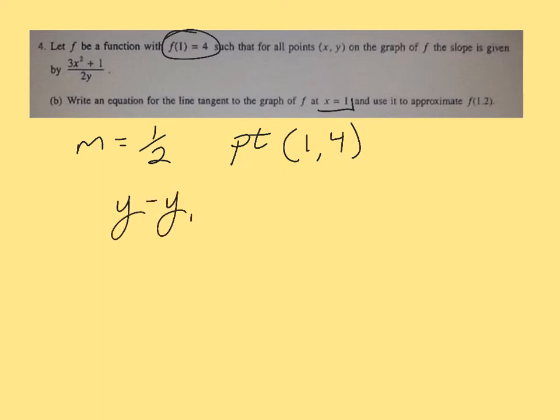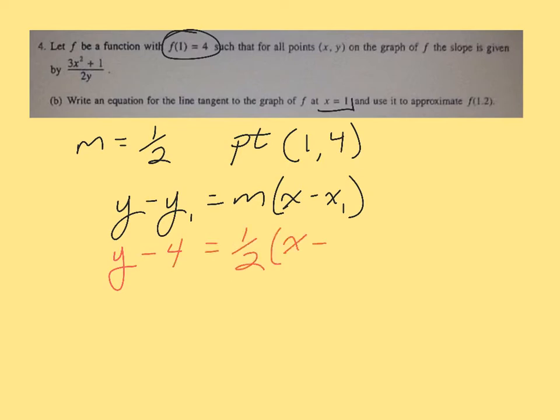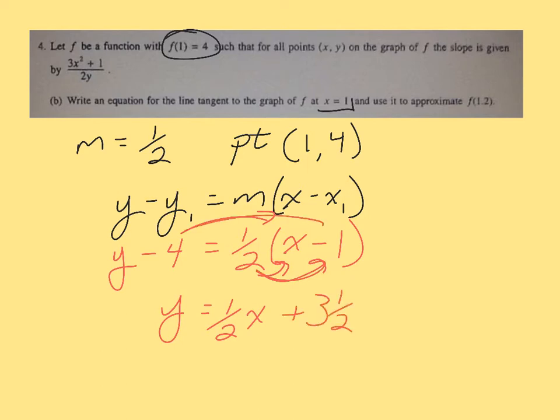I'm just going to rewrite it again here: y minus y1 equals m times (x minus x1). And then it's substitution. So I'm going to substitute in my y value, my slope, my x value, and I'll rearrange a little bit, not too hard to move that over and distribute this through. So that is 1/2 x. This becomes minus 1/2 plus 4, so that's plus 3.5. So there's my tangent line.